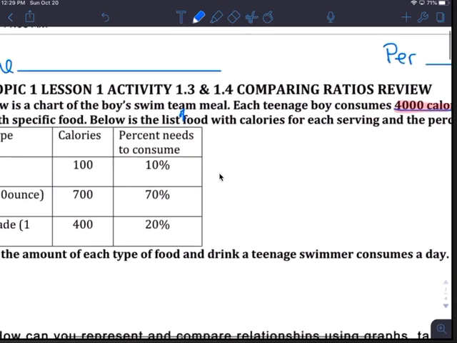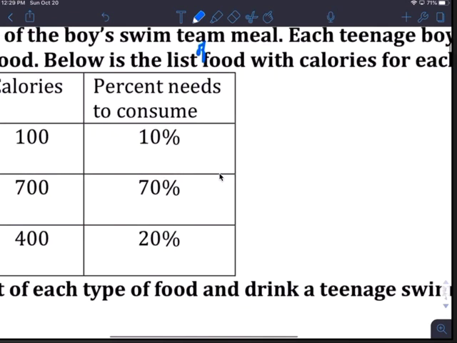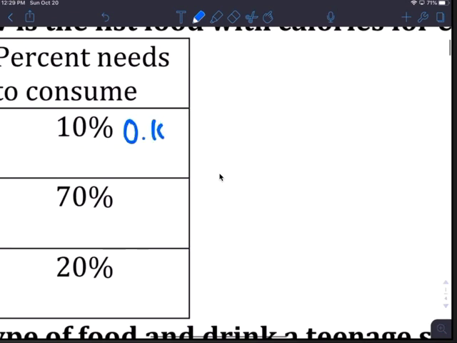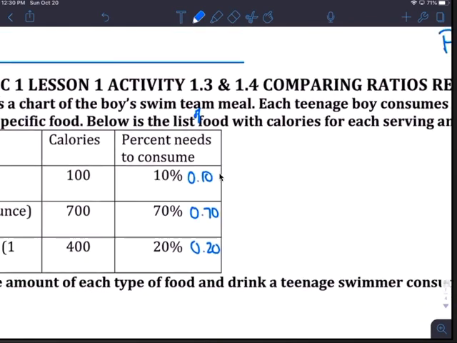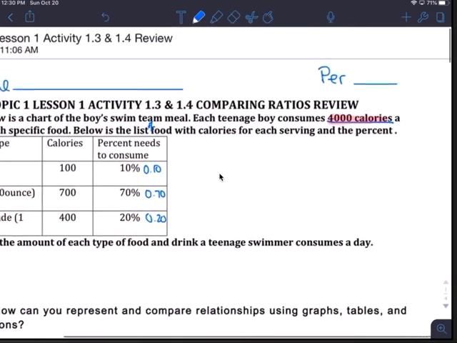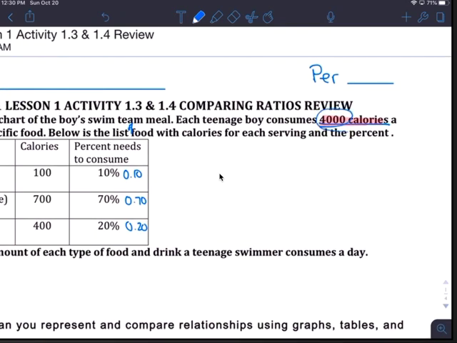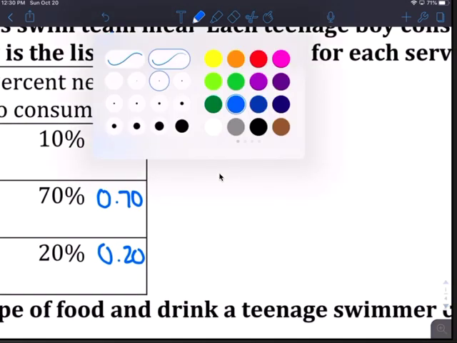Okay. First, anytime you see a percentage, you always turn it into a decimal. You can't do anything but with decimals. And then you multiply this decimal with the 4,000 calories.